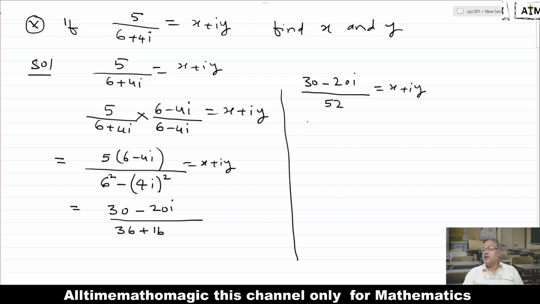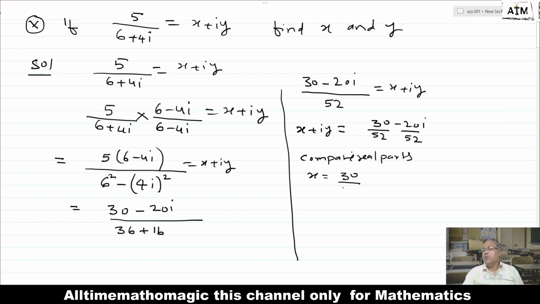Since we have to find x and y value, so keeping them in LHS, 30 upon 52 and 20 upon 52. Comparing real parts, therefore, x equals to 30 upon 52.